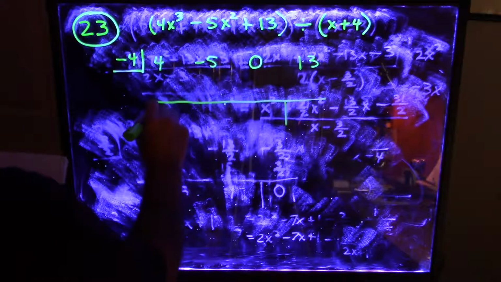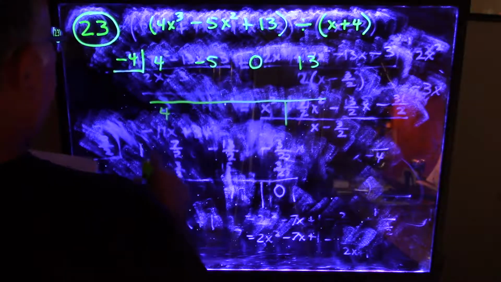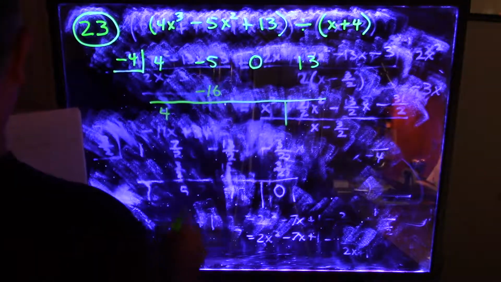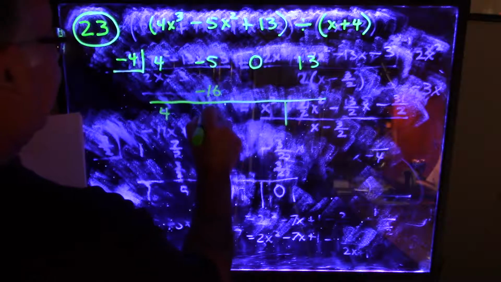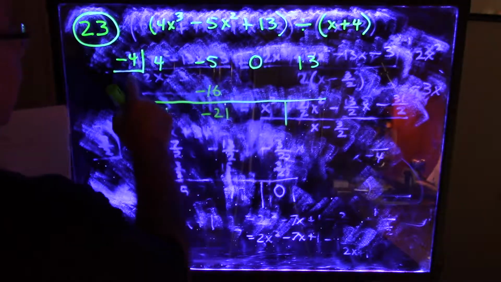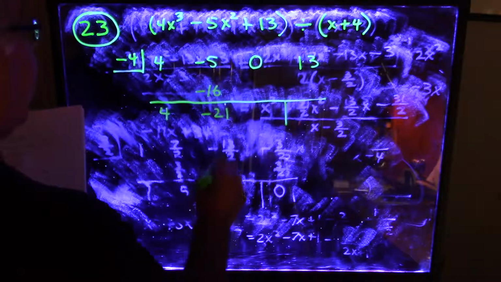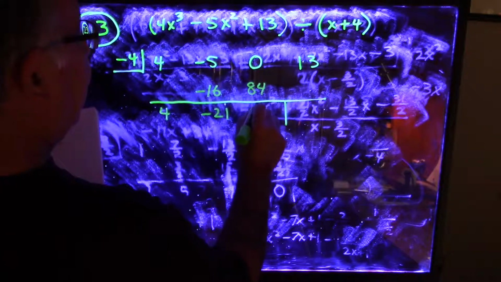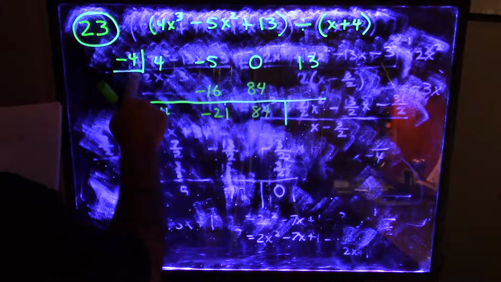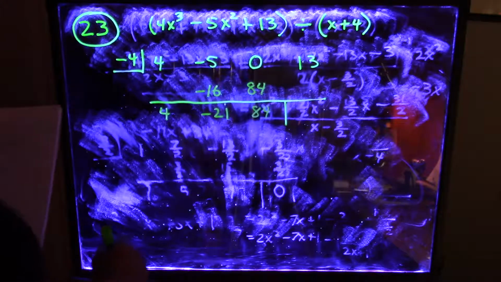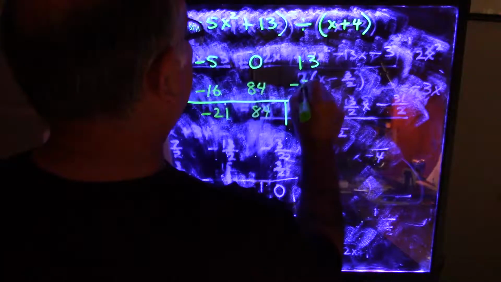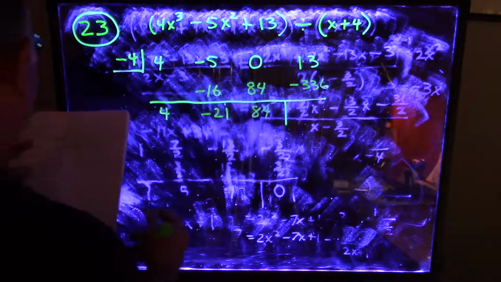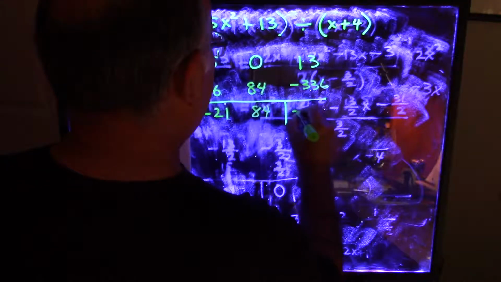So you bring down the 4. Negative 4 times 4 is negative 16. And then negative 16 and negative 5 is negative 21. Negative 4 times negative 21 is positive 84. 84 plus 0 is 84. Negative 4 times 84 is negative 336. And then negative 336 plus 13 is negative 323.